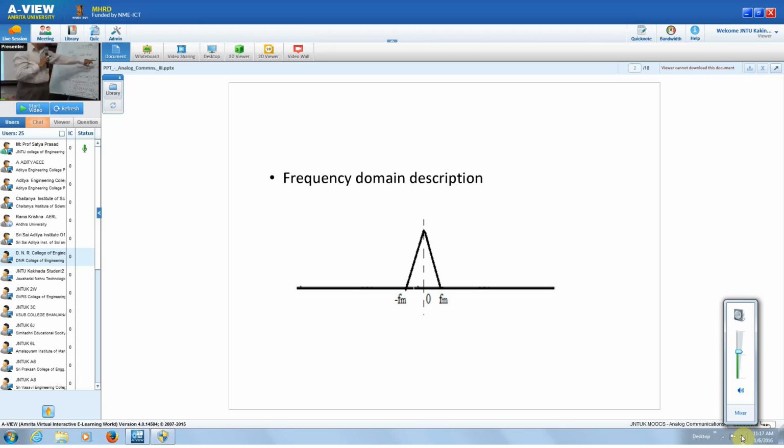So by adding your carrier, we are going to get the same signal that we get from coherent detection, by using a simple envelope detector.